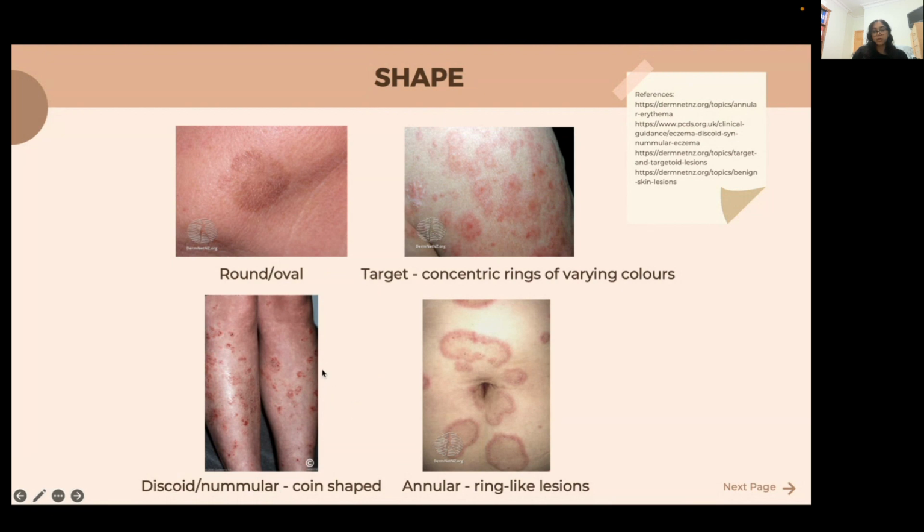So if you imagine like a 1p coin, we tend to use it when there's multiple small round lesions. So we could describe them as round or oval as well. But typically for conditions like discoid eczema, we would describe it as discoid because it's got multiple of those coin-shaped lesions.